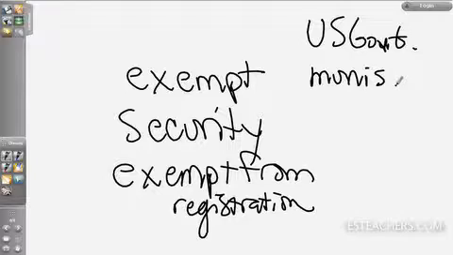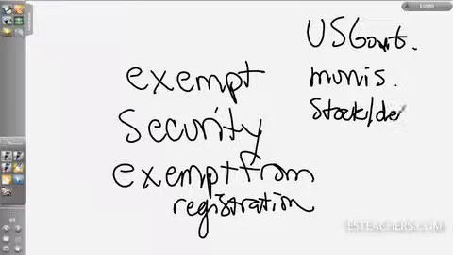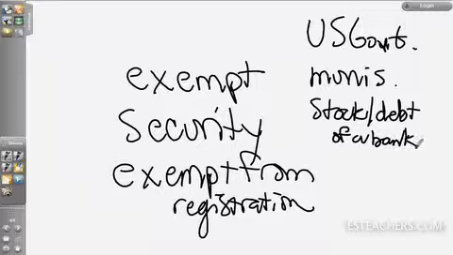Or the entity itself that's issuing the security is already regulated by someone else, like stock or debt of a bank is an exempt security. Are banks already highly regulated? Yes. So the security that represents an interest in or a debt of a bank is an exempt security. So it need not be registered.